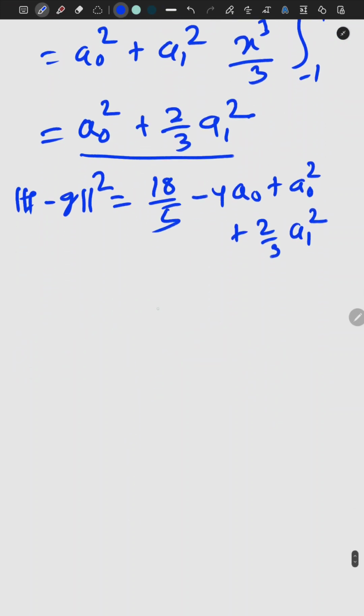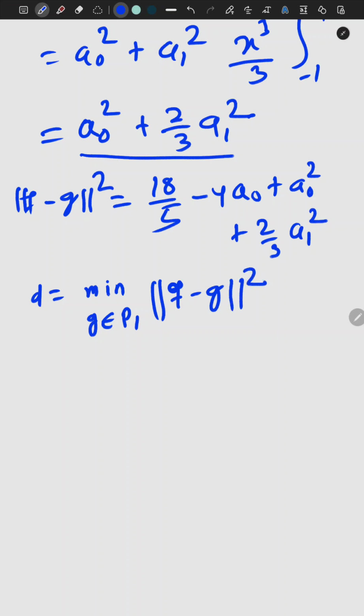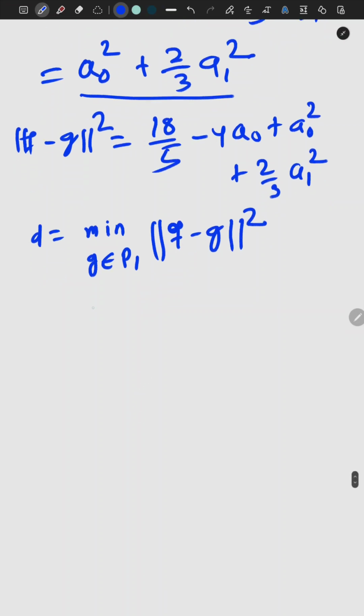So finally we got this thing. But what is our target? Our target is to find d equal to the minimum over g belonging to p1 of the norm square of f minus g. But this minimum can be converted: here the terms are a0 and a1, so a0 and a1 vary instead of g.